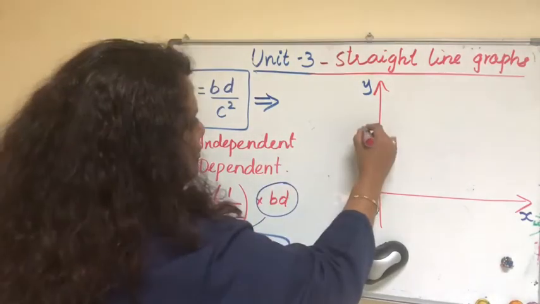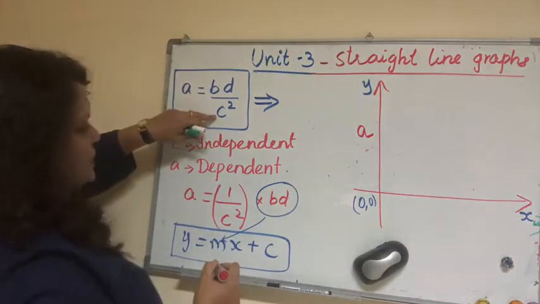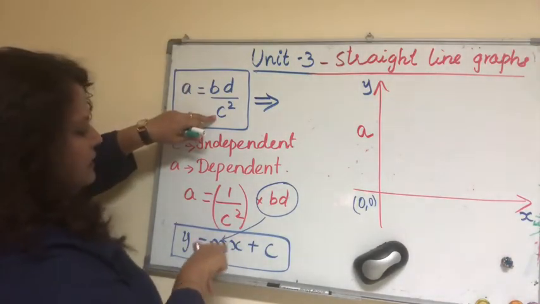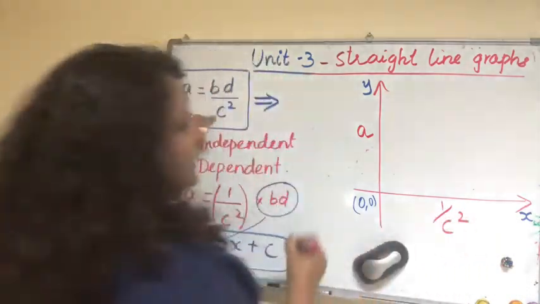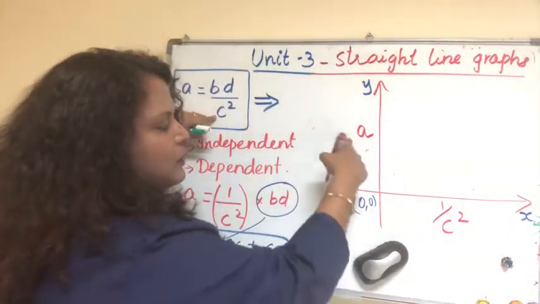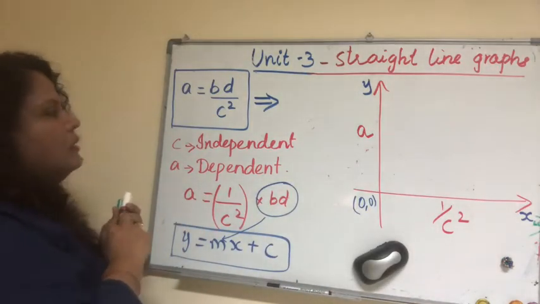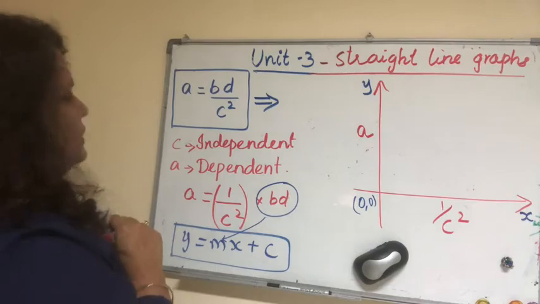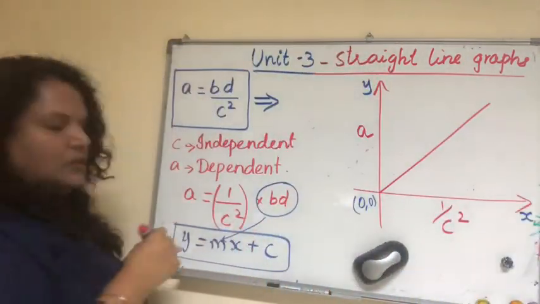So a, if I plot on y, and 1 over c square, which is like x here, alright, that has to be plotted, 1 over c square here. This graph will lead to a straight line passing through the origin.